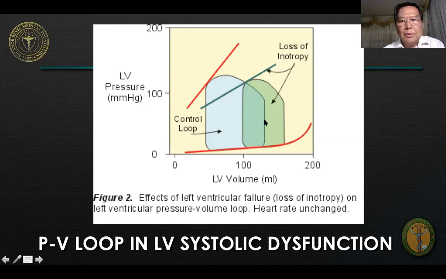Take note that the stroke volume is this volume minus this volume. So the stroke volume only becomes this much, no? And that stroke volume is lower than the reference stroke volume in normal individuals, right? And if you may take note, the end-diastolic pressure inside the left ventricle is also slightly higher, and your peak systolic pressure is kind of lower compared to that of the normal.